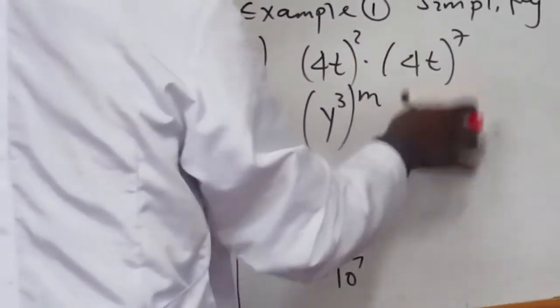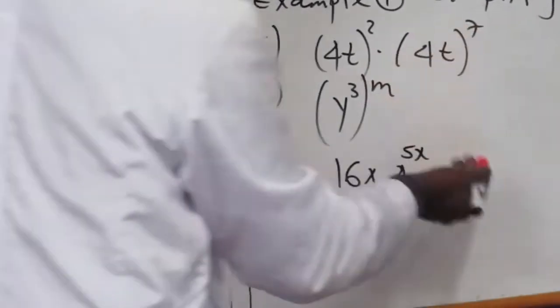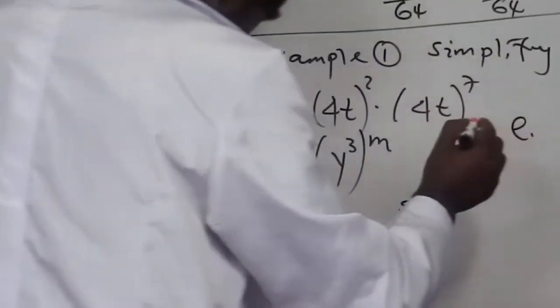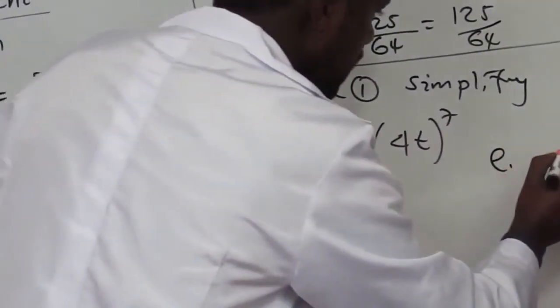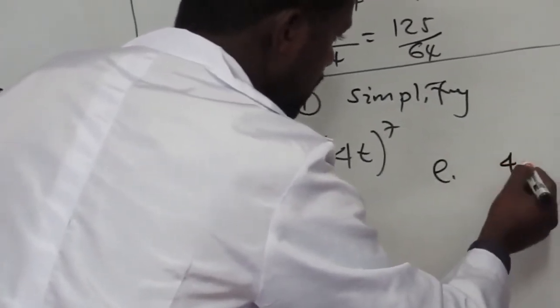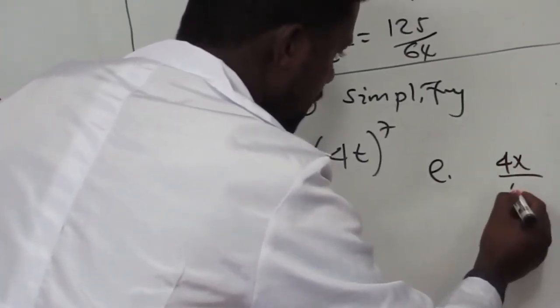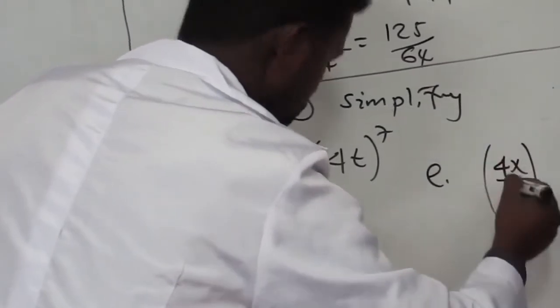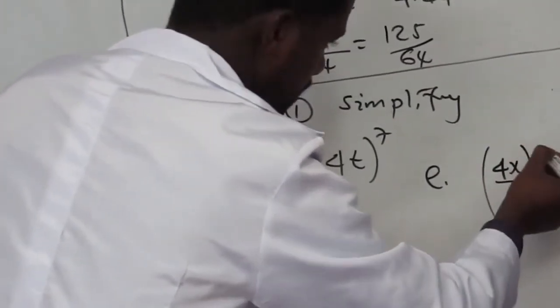Let me add another example, which is E: 4x over 5y, the whole to the power of 3.